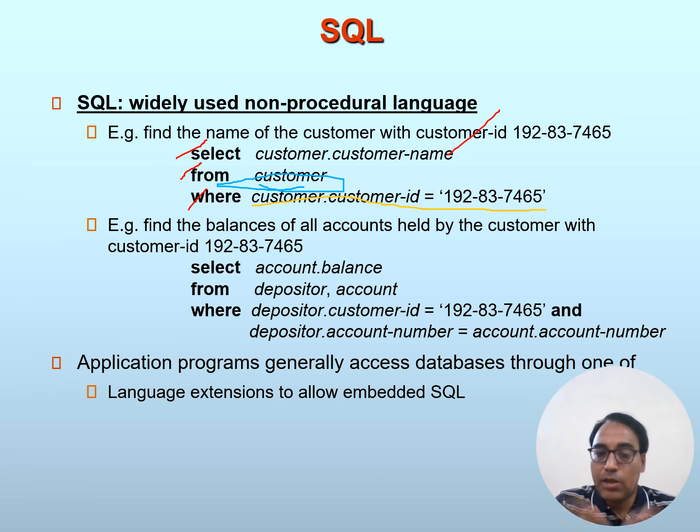I want to select customer ID, customer name from the customer table where this filter is matching. This filter should match as per the question. The customer ID is 192.83.7465.